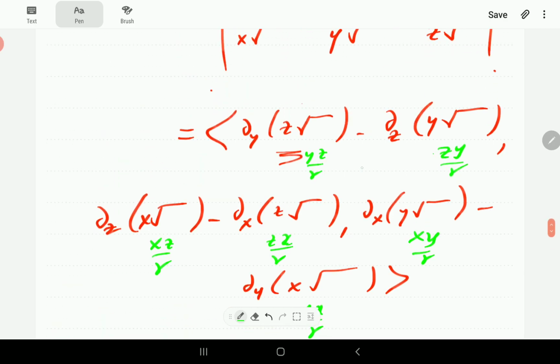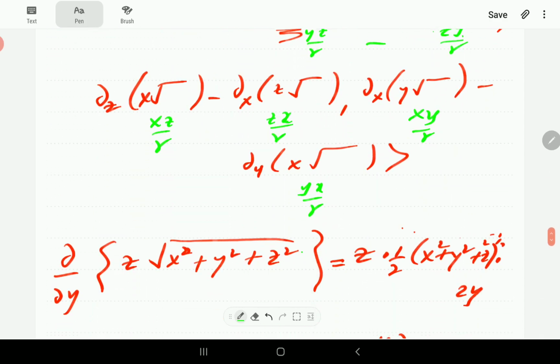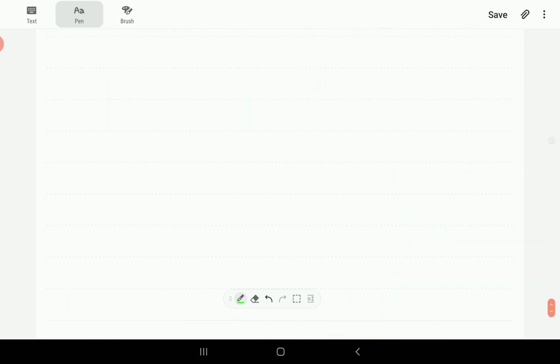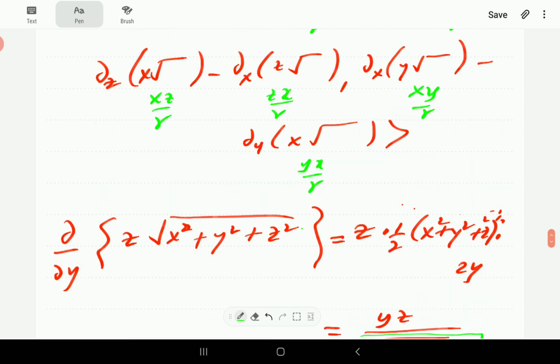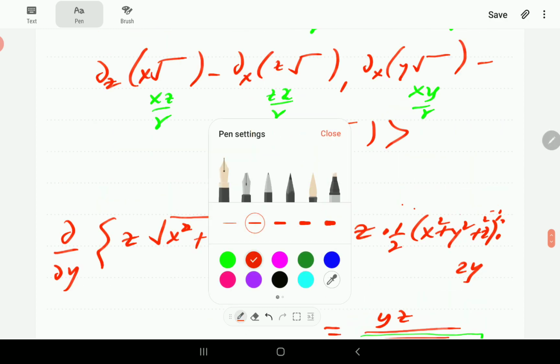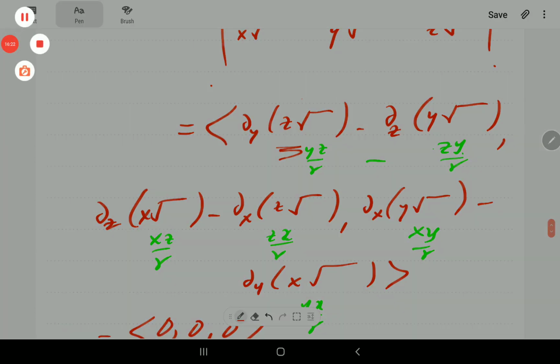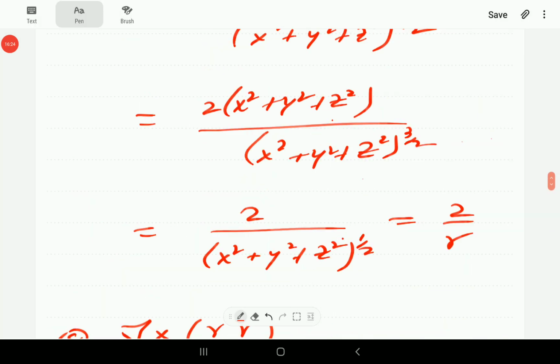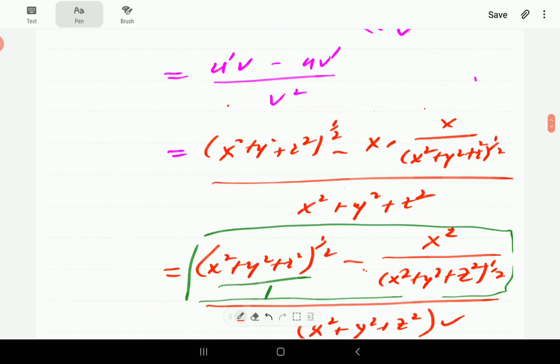But these pairs are the same, so we're going to get 0 in each case, and so this curl is equal to the zero vector, 0, 0 and 0. So that was example C. The next example is D.